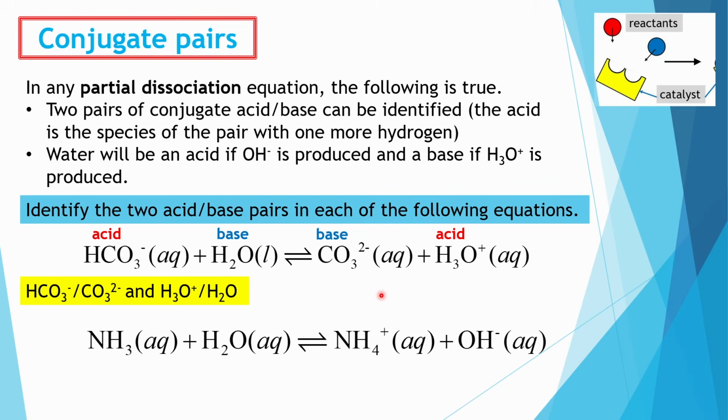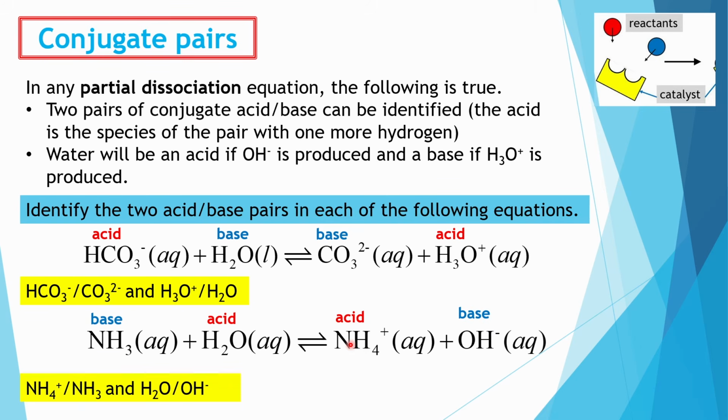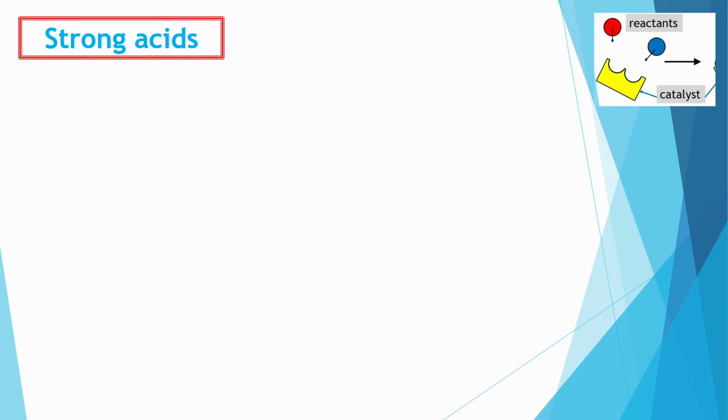Well, we can see NH3 and NH4, so NH3 must be a base, NH4 plus must be the acid, right? And we can see H2O, OH minus, H2O has the extra hydrogen, it's the acid, OH minus is the base. And then we represent these around the correct way, right? So it's NH4 plus / NH3, H2O / OH minus.